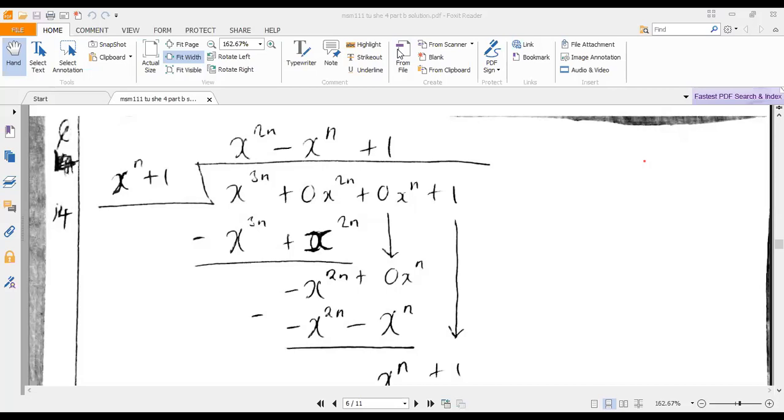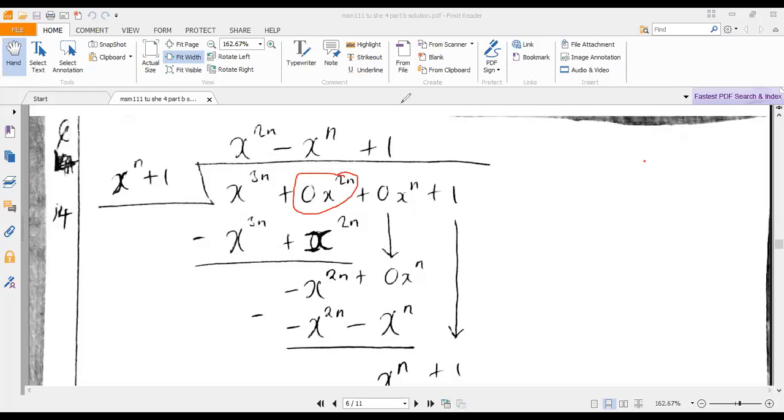What is 0 times x to the power 2n, sir? 0. 0 times x to the power 2n is 0. So here we have a 0, right? Here there's a 0. 0 minus x to the power 2n. What are you getting?